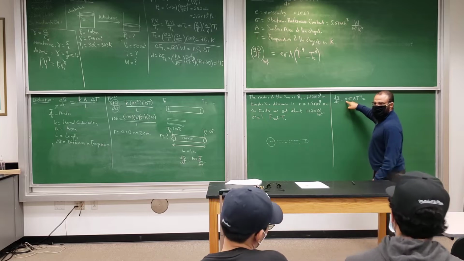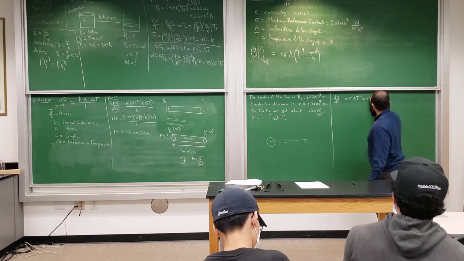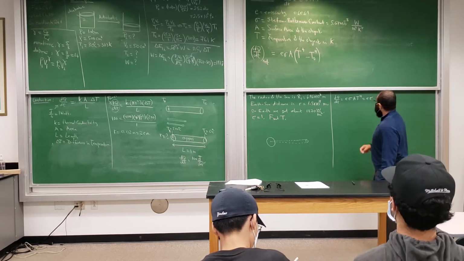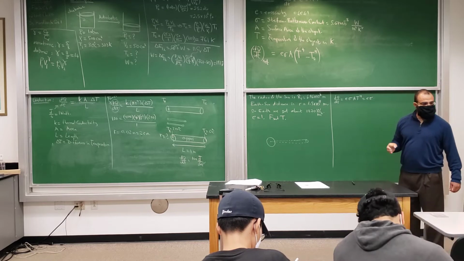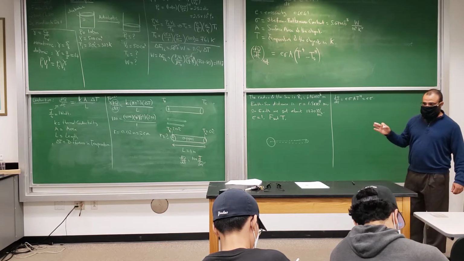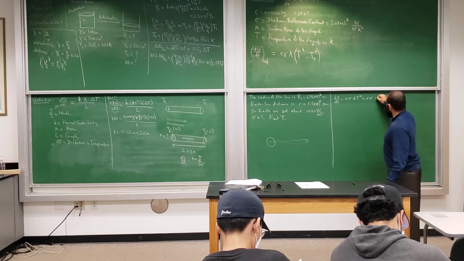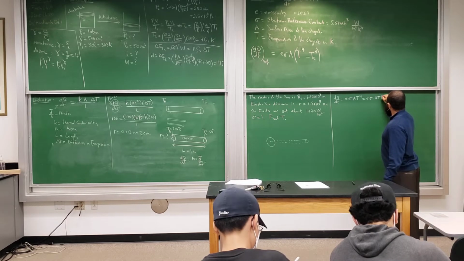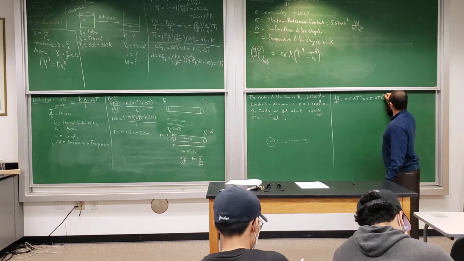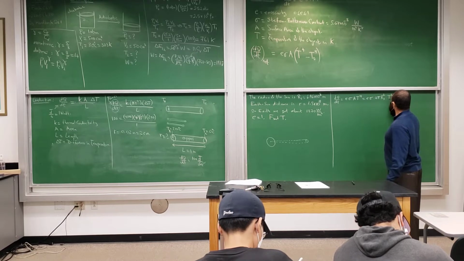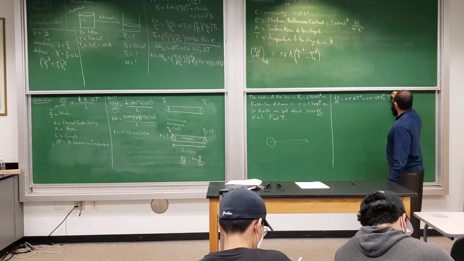E is 1, but I will not plug in yet. For the area, the surface area of the sun, I have to put 4 pi r squared of the sun. So 4 pi, the radius of the sun to the power 2, and then the temperature to the fourth power, right?